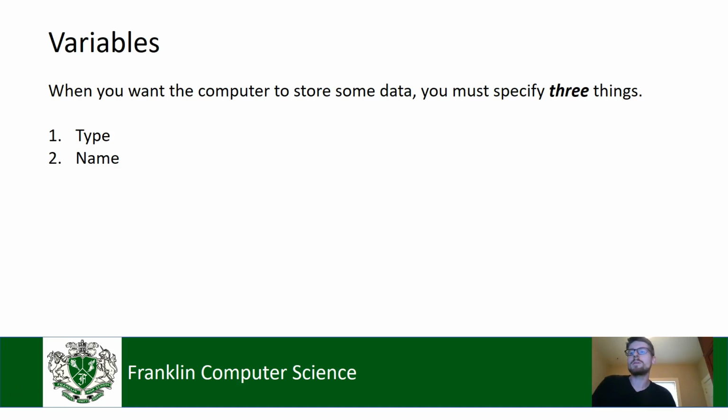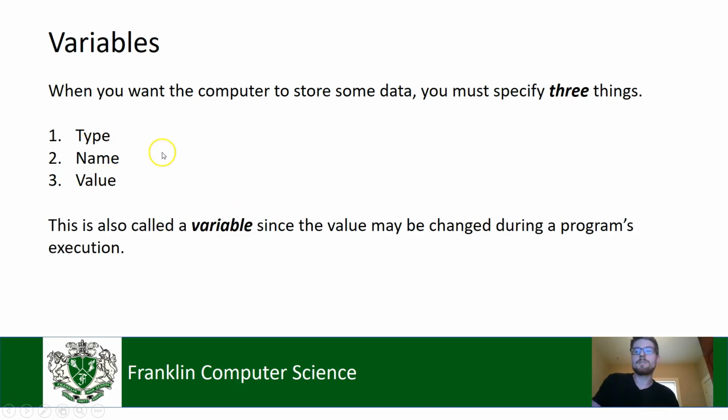So better names would be stuff like my name or my age, and we'll get an example in shortly. And then you also have to specify what the value is. So what is the actual number or string or character that you're storing into the computer?